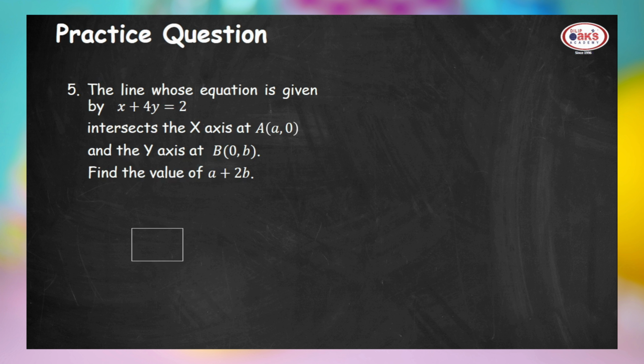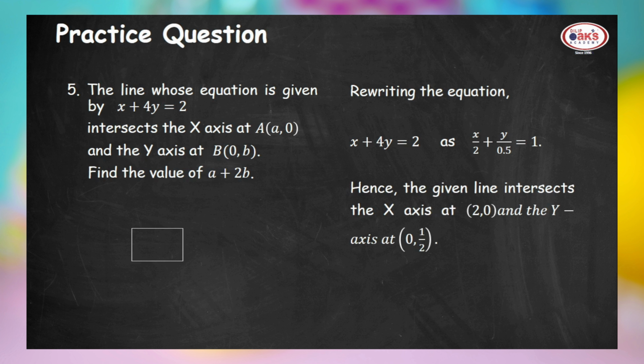So what we do is we rewrite this equation x plus 4y equal to 2 as x/2 plus y/(1/2), or 0.5, equal to 1. This equation is nothing else but the equation of a line written in double intercept form. This means this line is intersecting the x-axis at (2, 0) and the y-axis at (0, 1/2).